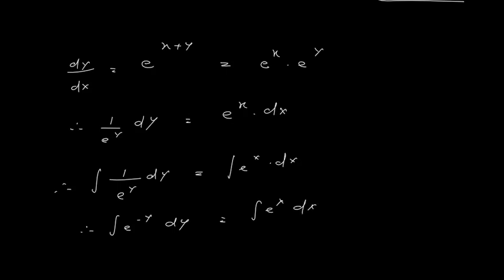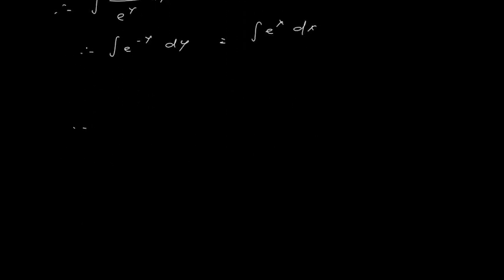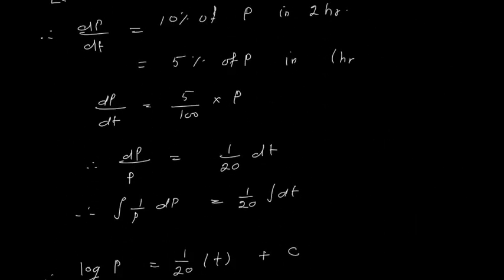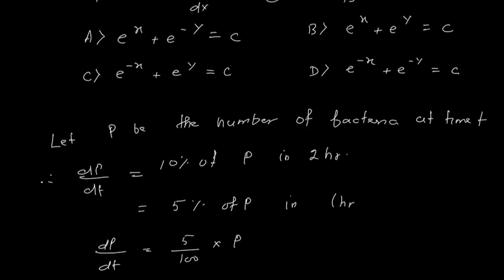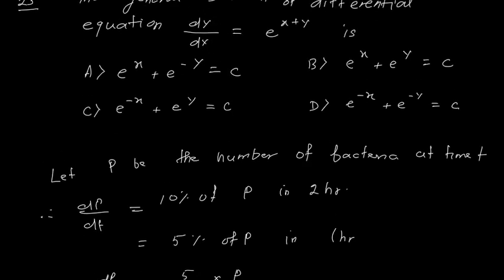Now I integrate, and I have minus e power minus y is equal to e power x plus some constant. So e power x plus e power minus y is equal to some constant. Let us see the options: e power x plus e power minus y is equal to C. So the first option is the correct answer.